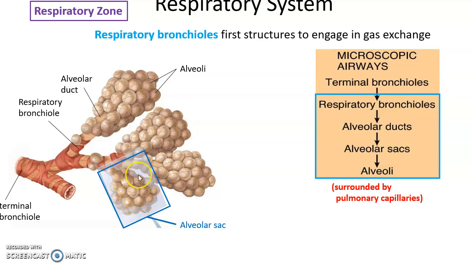So alveolar sac, lots of alveoli connected to the alveolar ducts that go to the respiratory bronchioles. So the respiratory bronchioles are the first structures that are allowing for gas exchange between the air in the lungs and the bloodstream. So all of these structures are covered with pulmonary capillaries, allowing them to send oxygen into the blood and take carbon dioxide out.